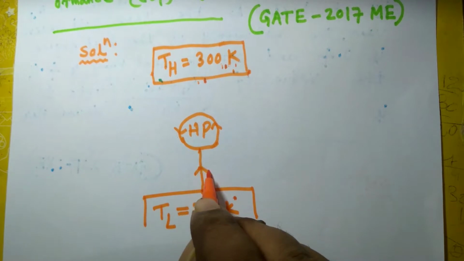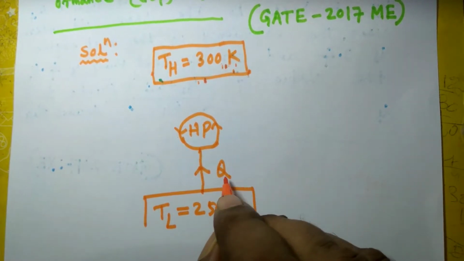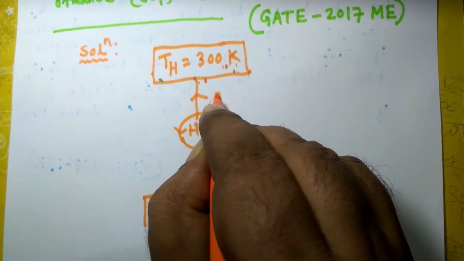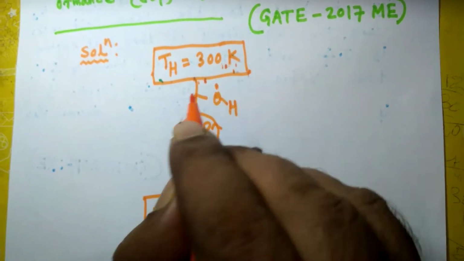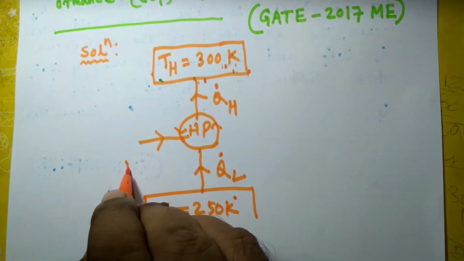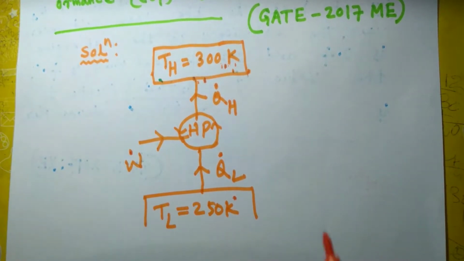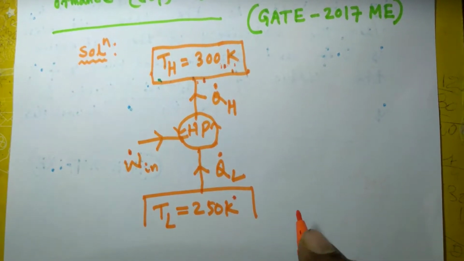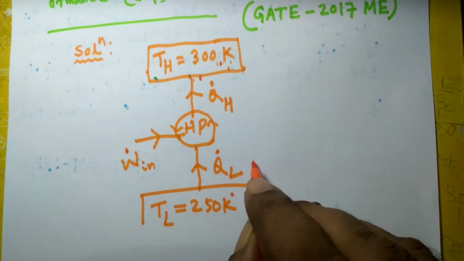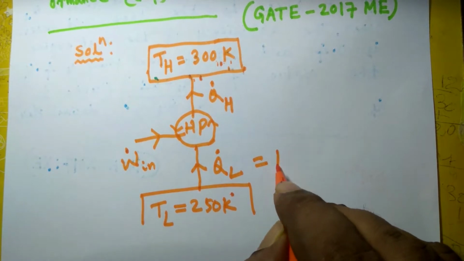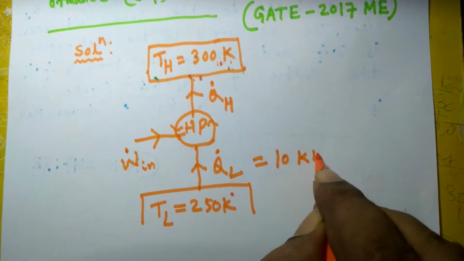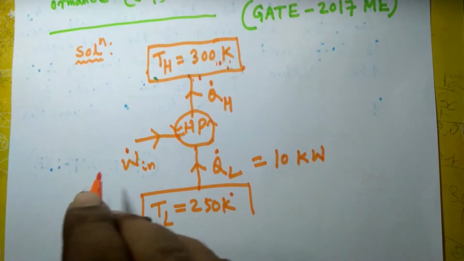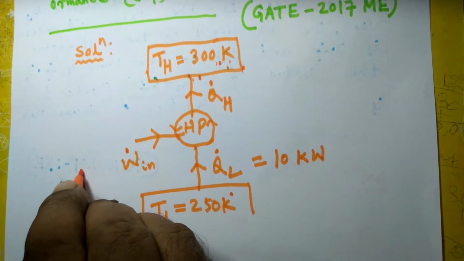Suppose this heat is Q dot L and this heat is Q dot H, and this work consumed is W dot, the power consumed. This amount is given to be 10 kilowatt, and this work or power consumed is given to be 15 kilowatt.